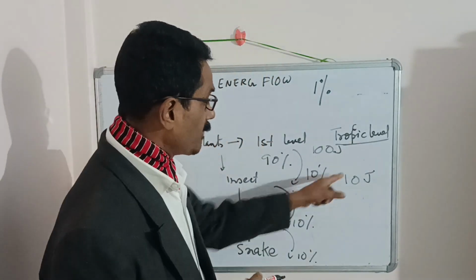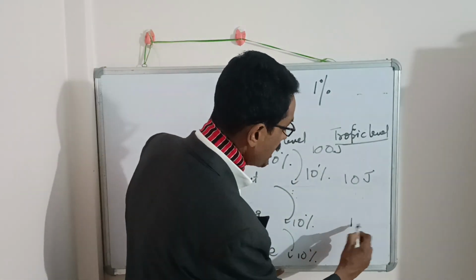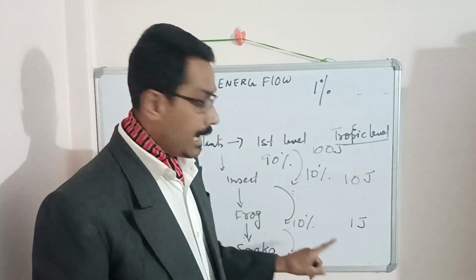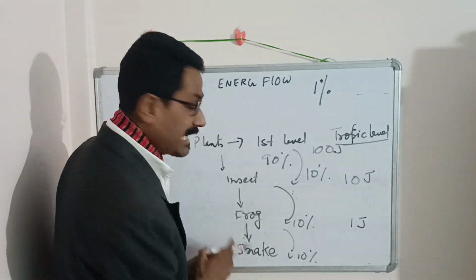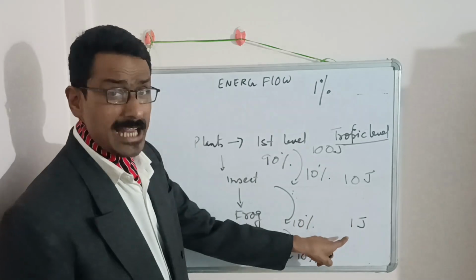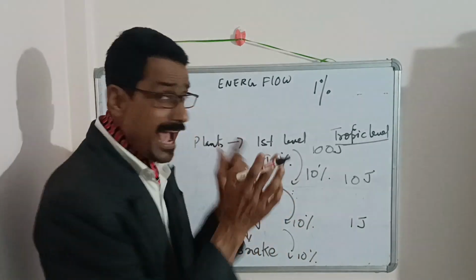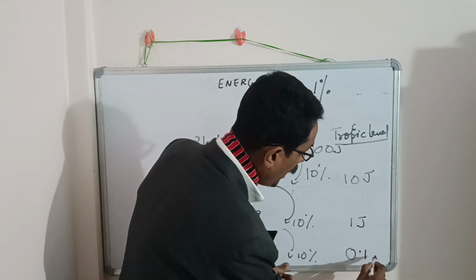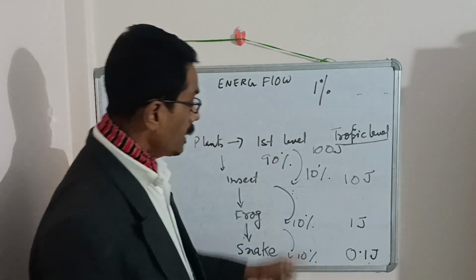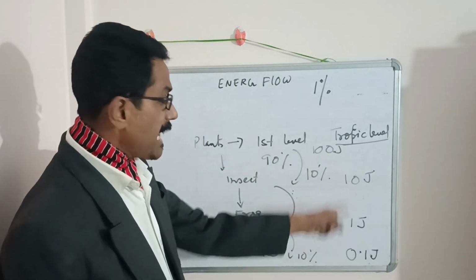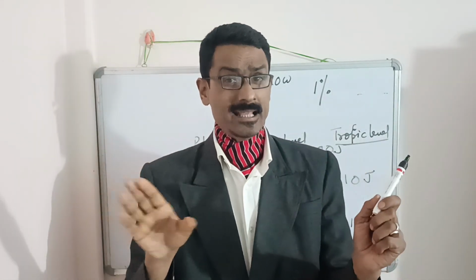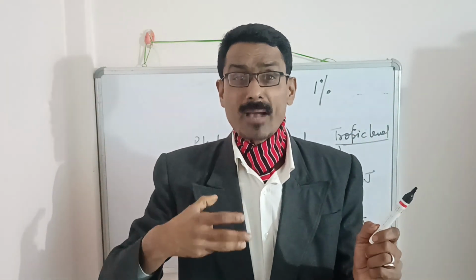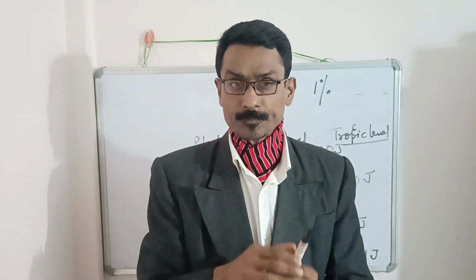Now what is 10% of 10 joule? Here it comes to 1 joule. Then the snake. The snake is going to get 10% of what the frog has. So it will get 0.1 joule. That is the transmission of 10% of energy, that you have to keep in mind. 90% is utilized for the growth and development of that organism.